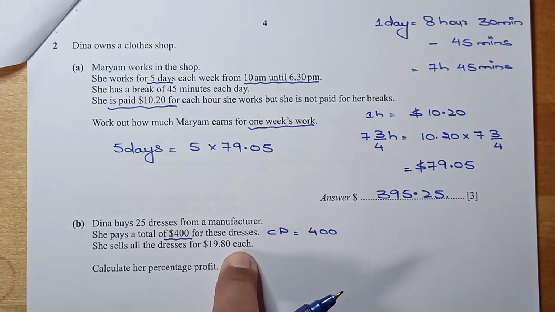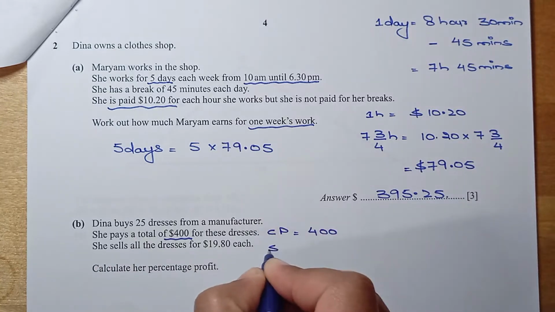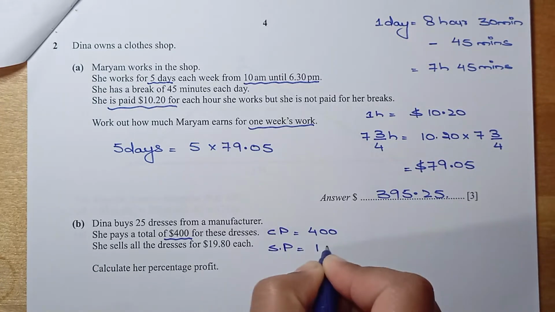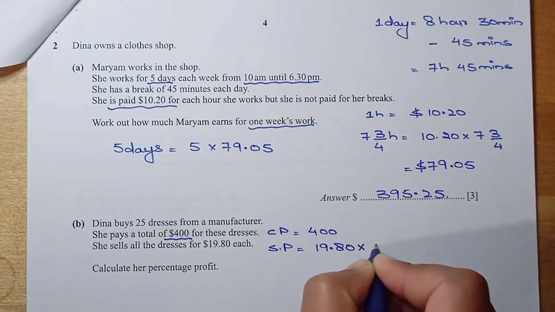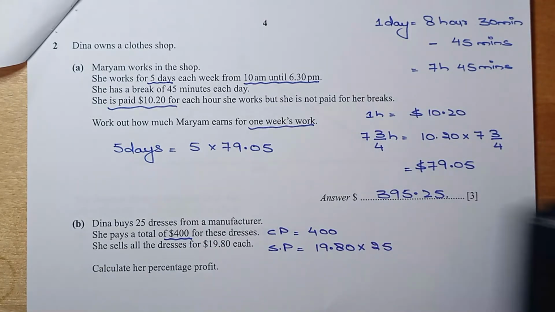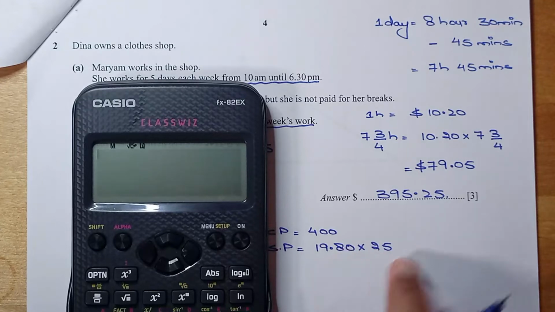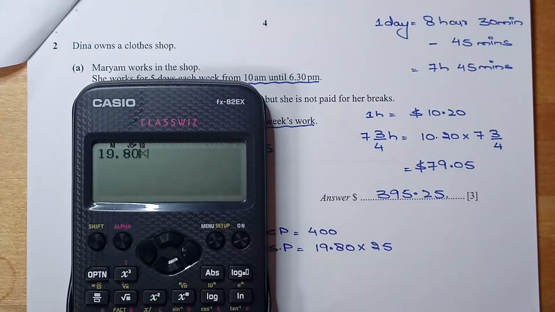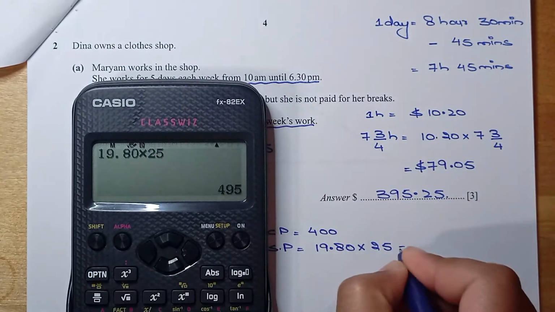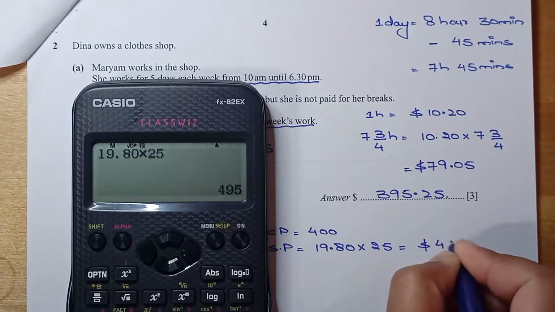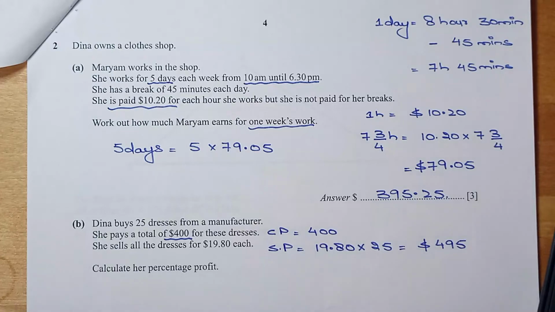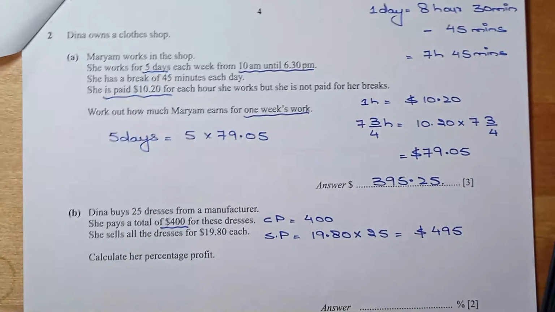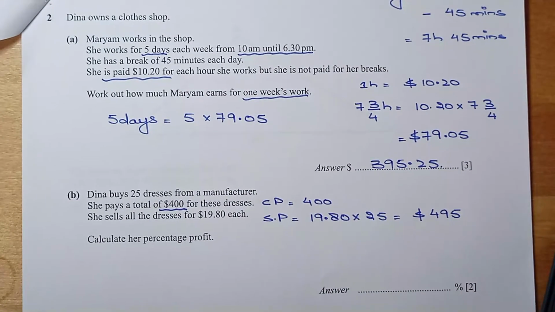So the selling price is 19.80 for each, and for 25 dresses we multiply by 25. 19.80 times 25 is the selling price, $495. So the cost price is 400 and the selling price is 495. Now calculate her percentage profit.